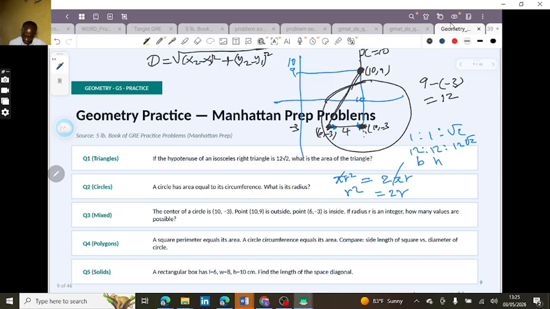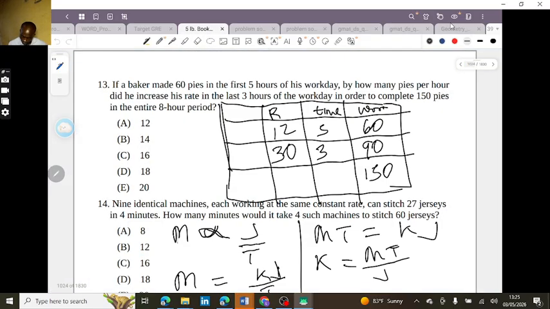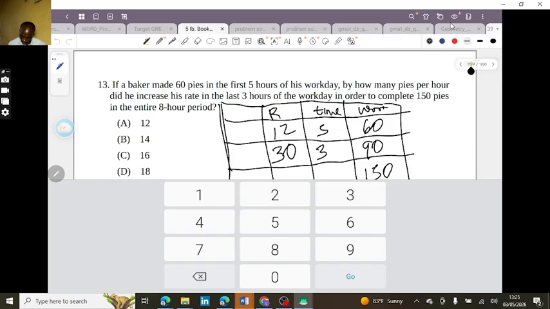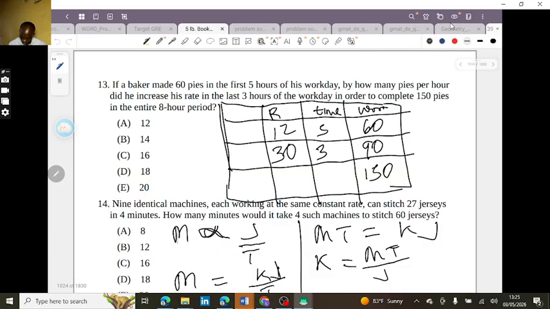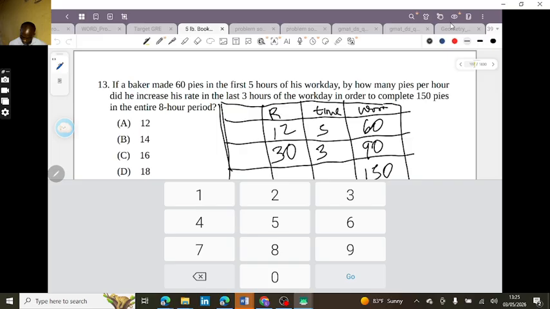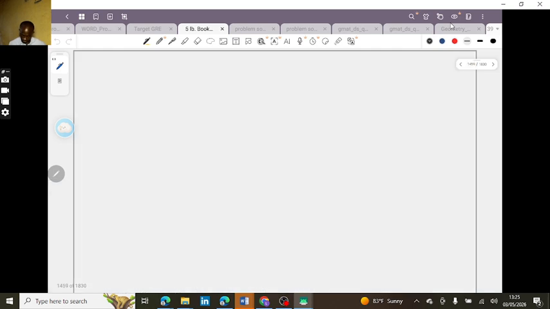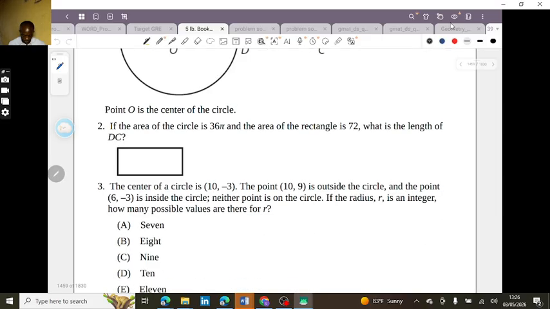That is Manhattan LB, page 145. Okay, so this is that particular question we are solving now.